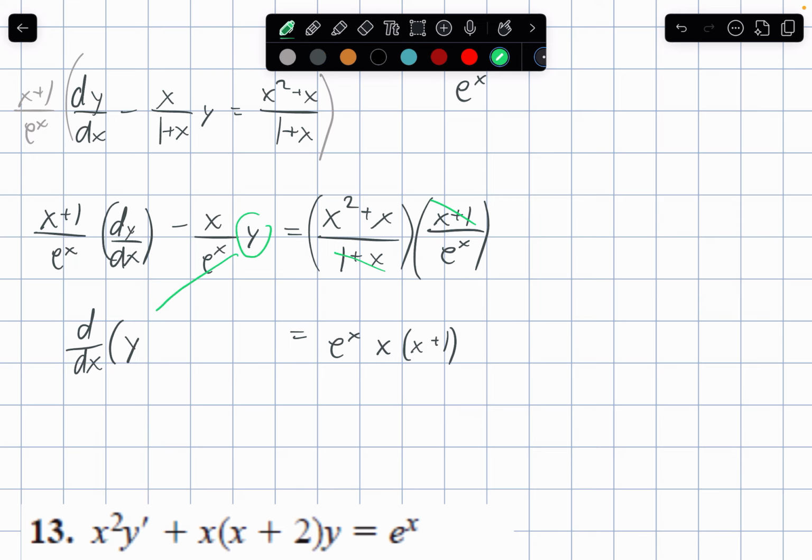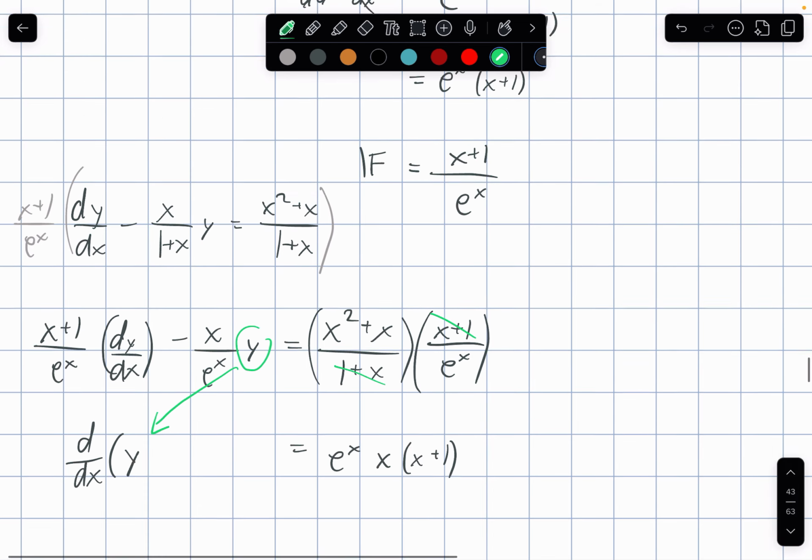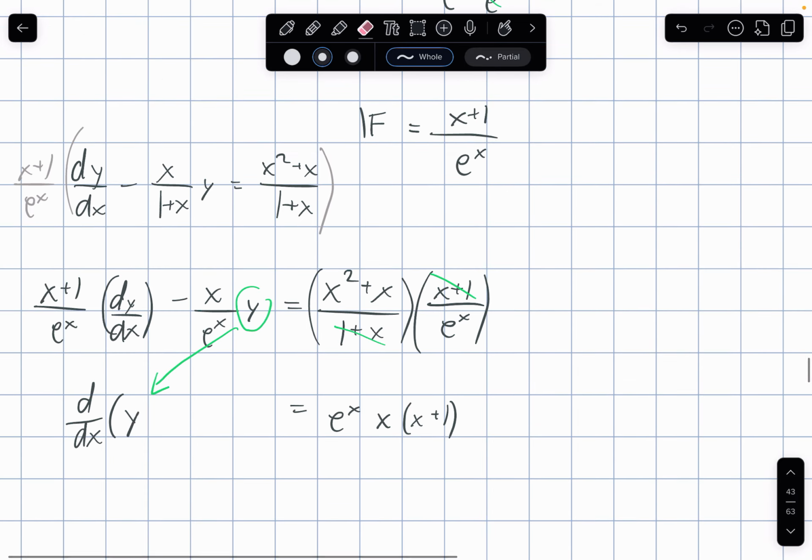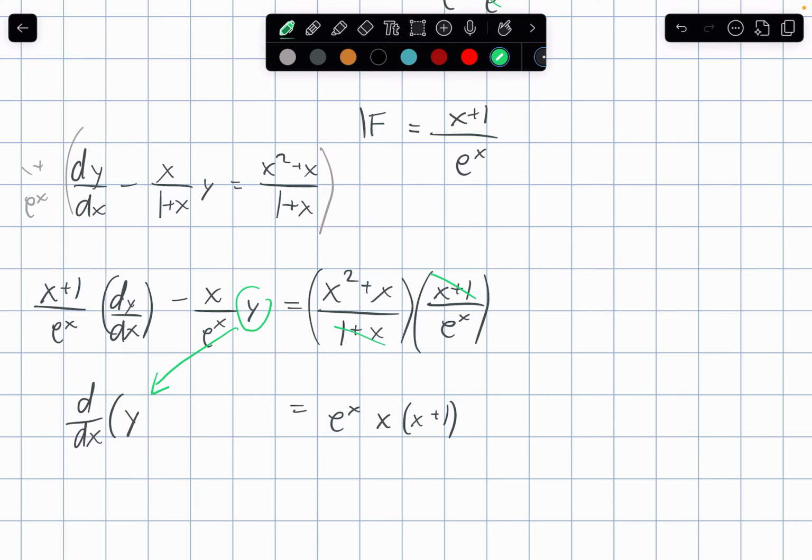It came from here. I'm already teaching you the technique. And then the integrating factor is always going to be multiplied to it. It's very crucial. x plus 1 over e raised to x. Let's say in this scenario, it is linear in x. This is what you put here. And the integrating factor multiplied to it.